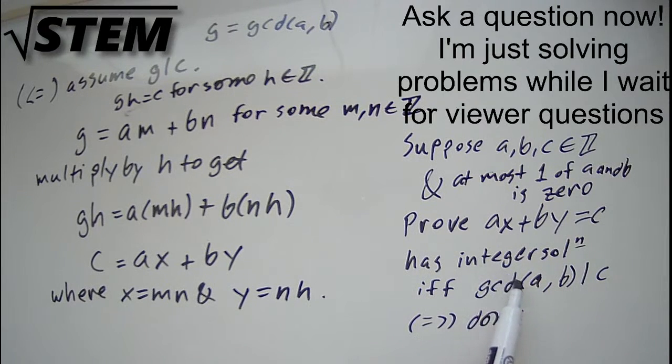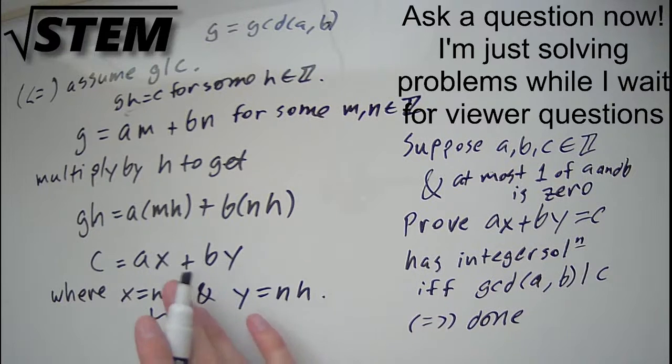We assumed that the GCD of a and b will divide c, and then we found that ax plus by equals c has integer solutions for x and y, because these are both... I'm gonna write it out as a sentence.